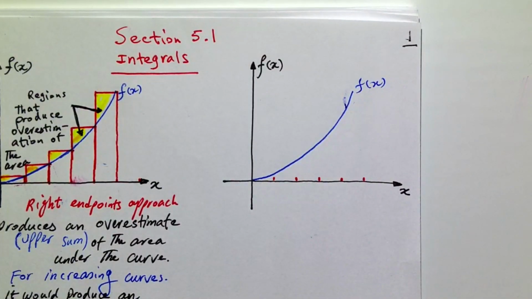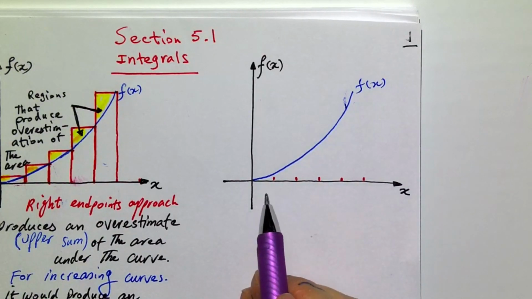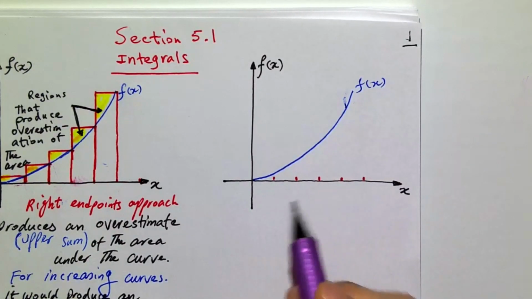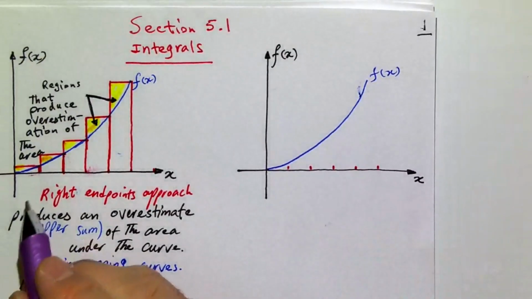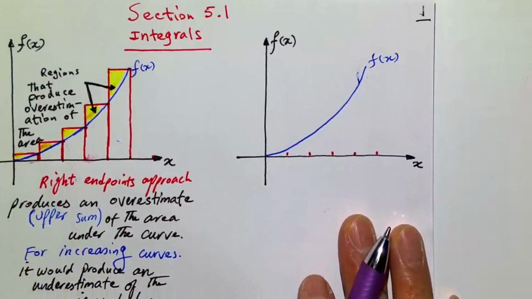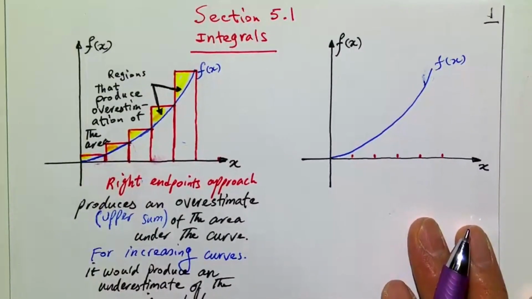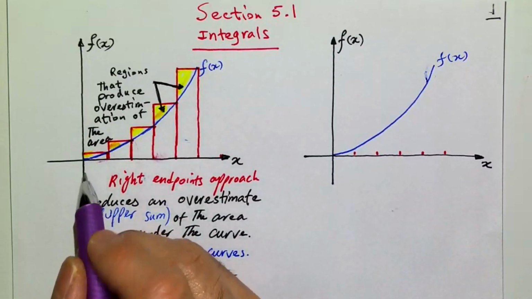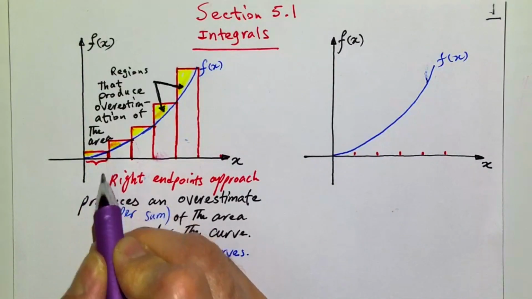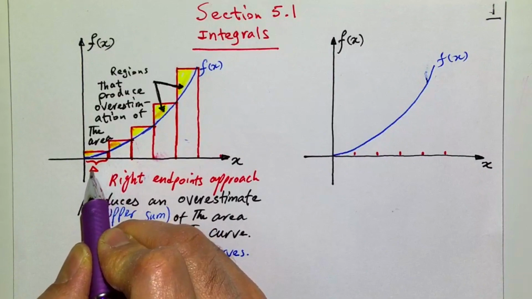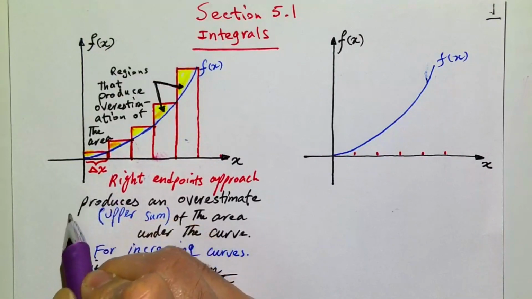endpoints for each rectangle. So as you can see again, I've divided this x-axis into equal increments, and I want to make sure that I label each width. These are equally wide. Let me call this delta x.